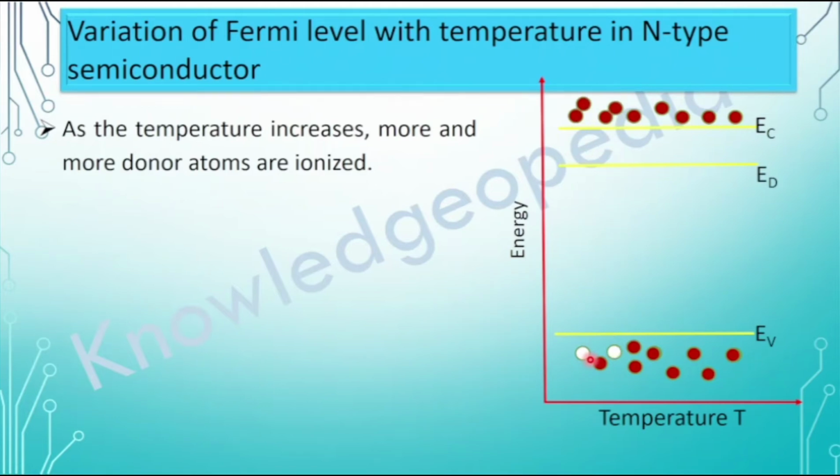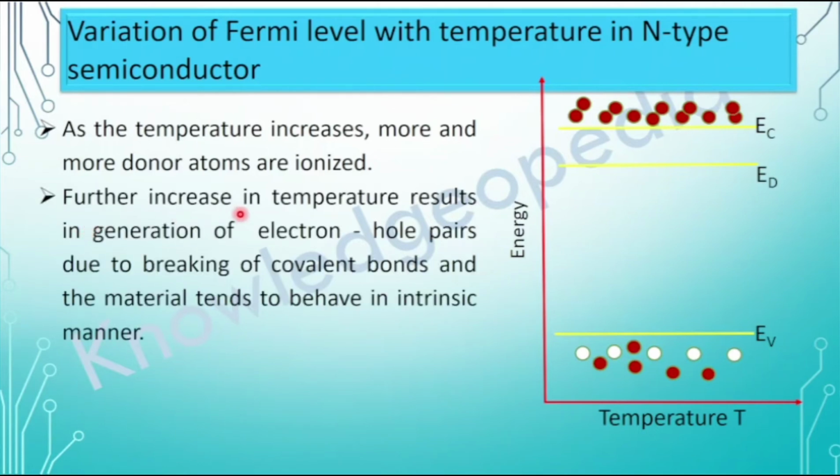That means with increase in temperature, slowly more and more electrons will move from the valence band to the conduction band, leaving behind holes in the valence band. So further increase in temperature results in generation of electron hole pairs due to breaking of covalent bonds, and the material tends to behave in an intrinsic manner.